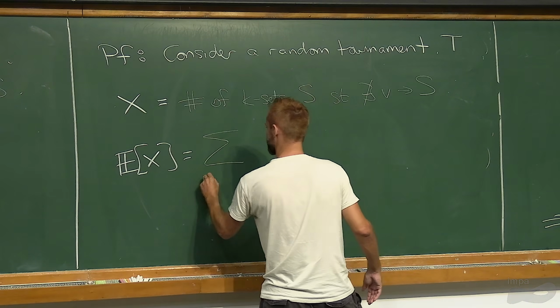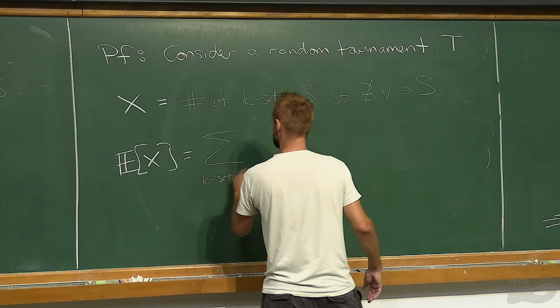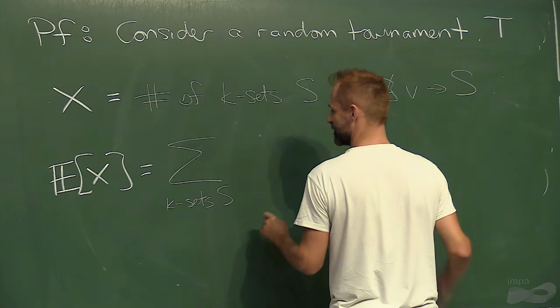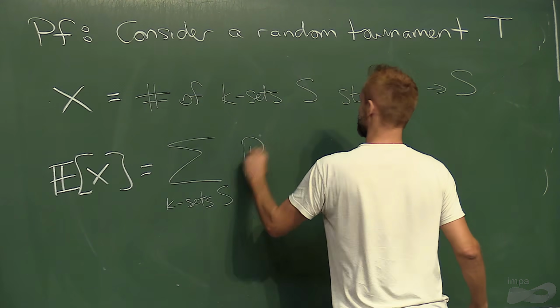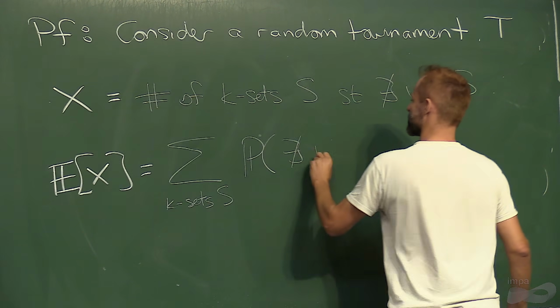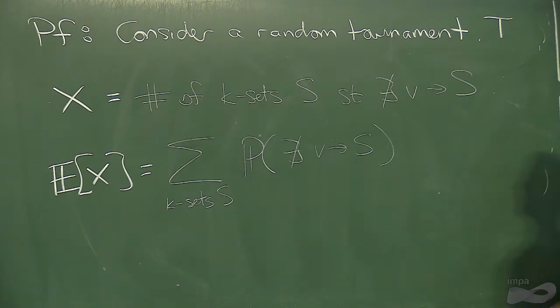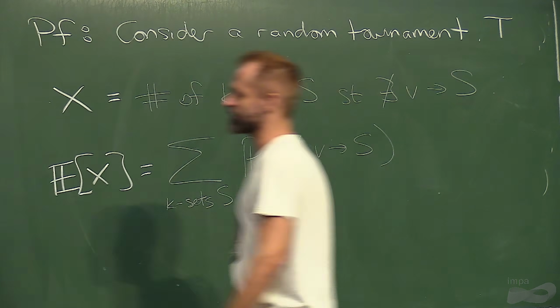Sum over K sets S of the probability that there does not exist a V that beats everyone. Okay, what is this probability? It's not quite so simple.